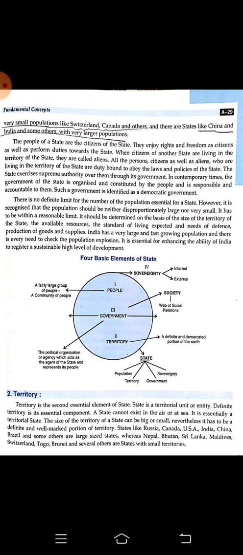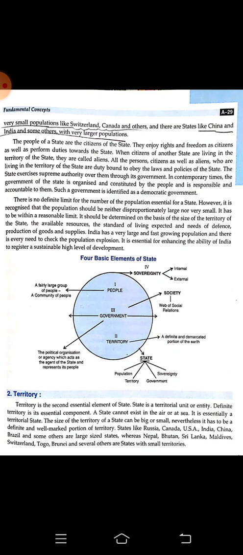People enjoy rights and freedoms as citizens as well as perform duties towards the state. When citizens of another state are living on the territory of the state, they are called aliens. Nowadays we call them foreigners, right? And before they were called aliens.